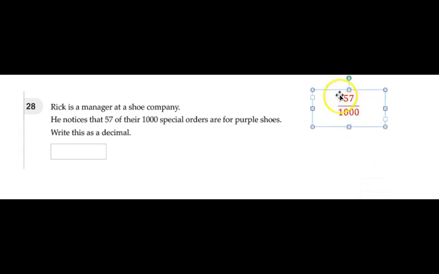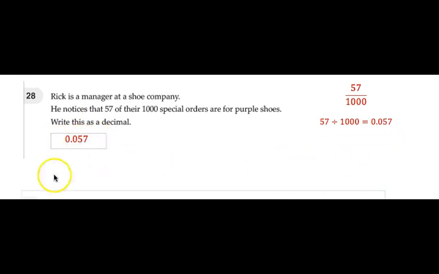So that's the fraction. To write that as a decimal, we would do 57 divided by 1,000. So 57 over 1,000 is the same as 57 divided by 1,000, and when you divide that on your calculator, you end up with 0.057 as a decimal. So the answer is 0.057.